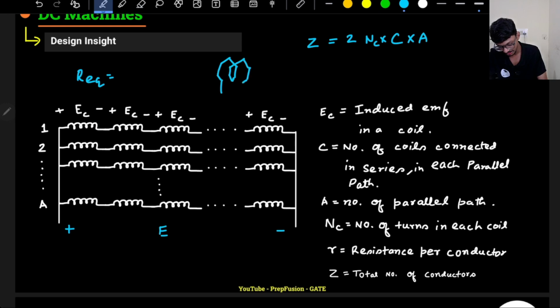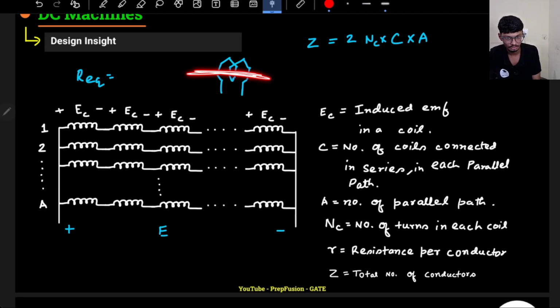So I have two turns here, and I know the resistance per conductor. I have one conductor here, one here, one here, one here, so 4 conductors. Are these 4 in series or parallel? They are in series, because the same current flowing through here flows through here. So all these 4 conductors are in series.